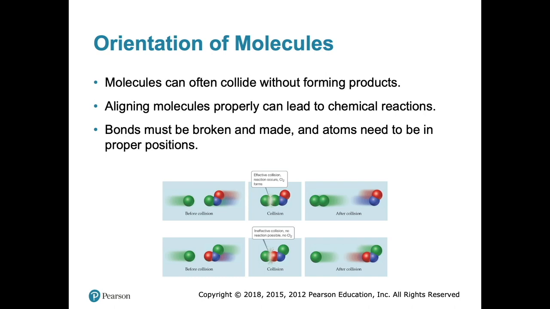So you get a chemical reaction where chlorine gas is released, and then you have this leftover product right here. But you also have some that collide incorrectly, and no reaction happens at all. Okay, so both of those are super, super important for a reaction to occur.